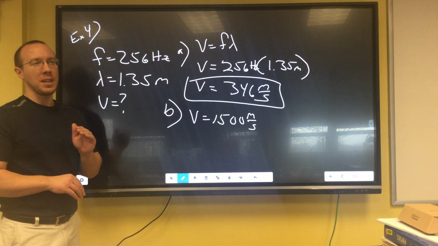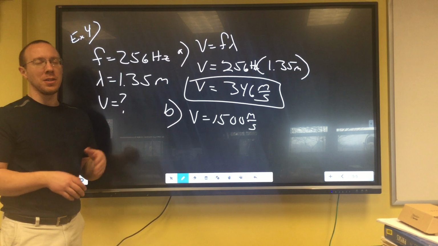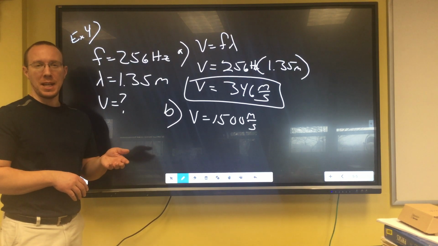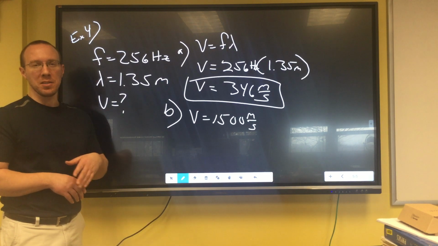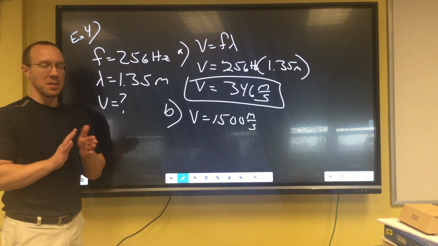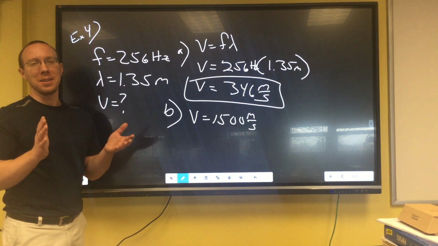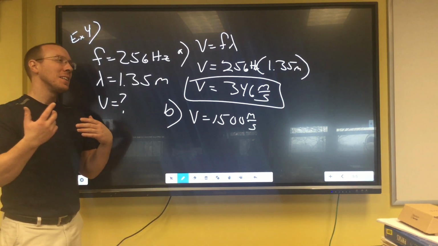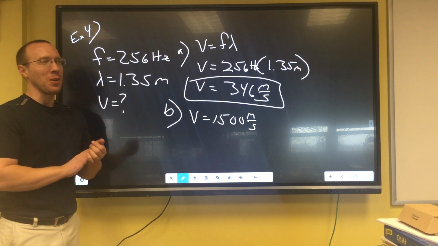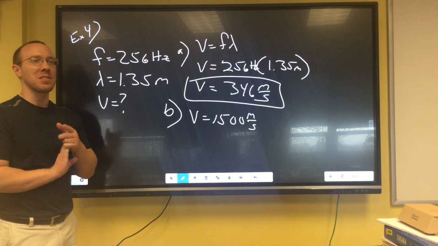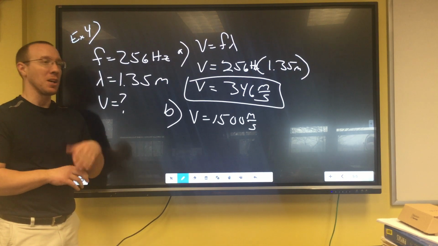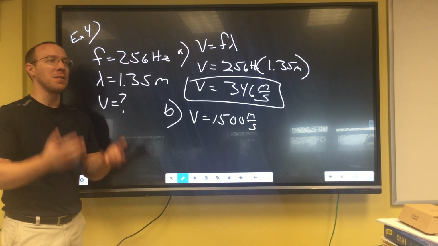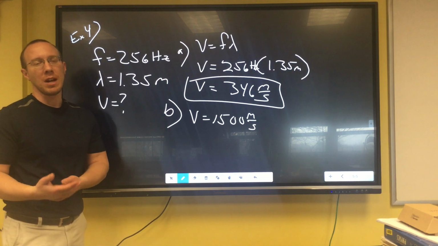Now, water and steel or metal are obviously more dense than air, but the same thing doesn't happen. It doesn't slow down because it's more dense. It actually speeds up because the molecules are closer together. It's able to transfer the sound wave better. So I always make this statement, if we're talking about the same substance, water, and then cooler water, it travels slower. But if we're talking about two different substances, the more dense one travels faster.